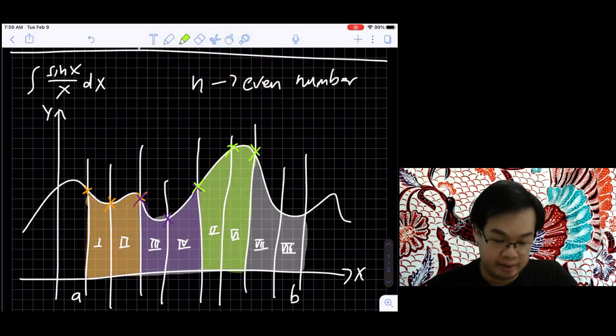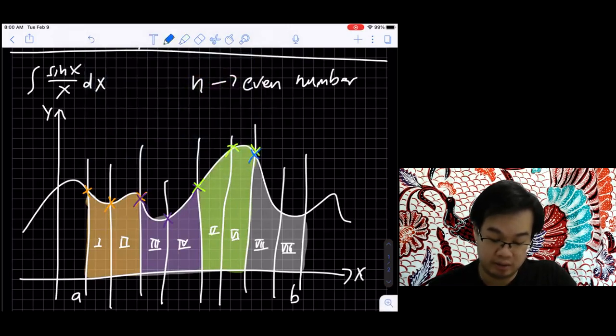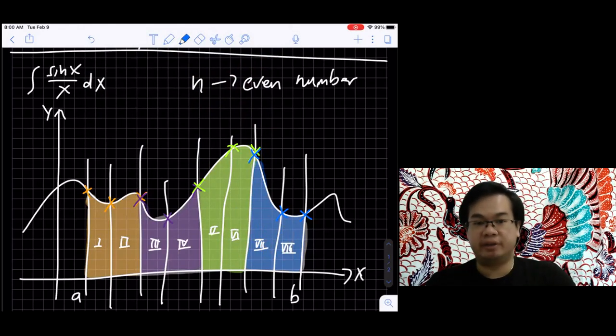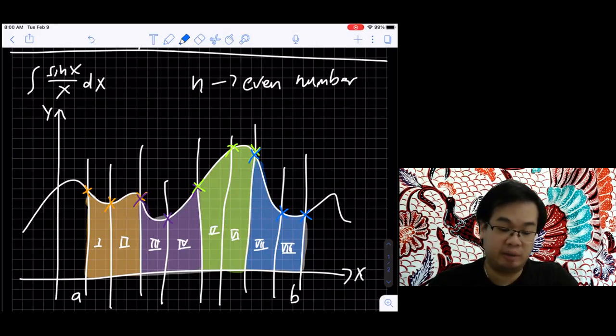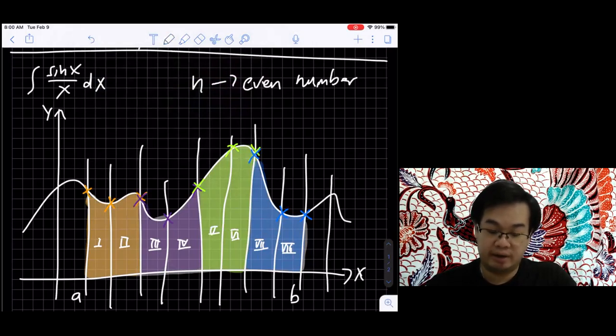And then the last one, this is your last one, 1, 2, 3. Now imagine if there is only an odd number of increments, then you will have one more, and there are not enough points to create a parabola. Or if you take this one, then it will overlap, and the area will not be valid.